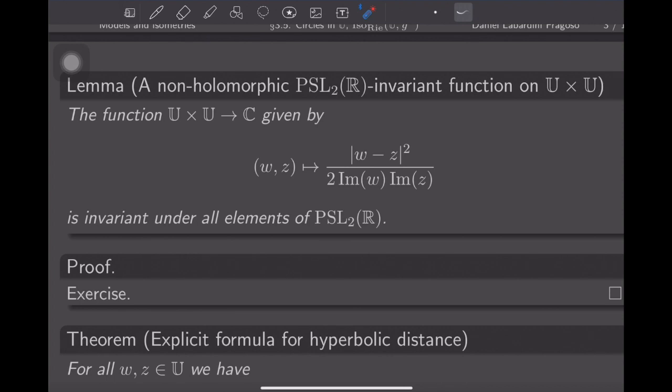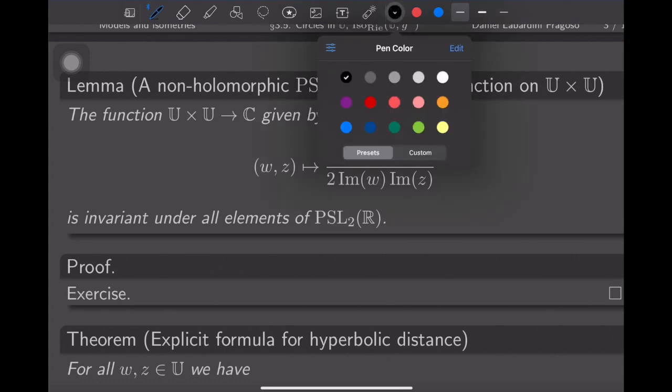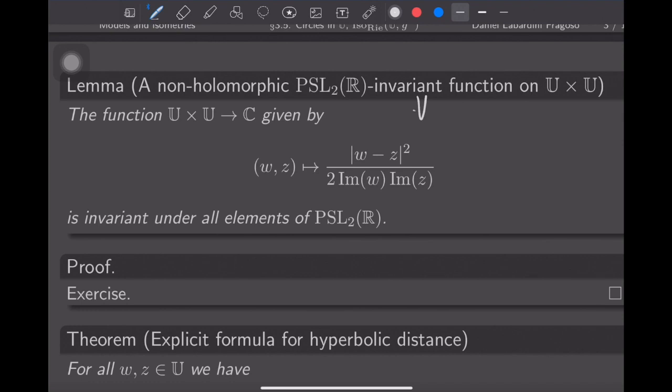What I mean when I say that this function is invariant under PSL2R is that if you take two points, W and Z, and you take this expression, and on the other hand, you take any element nu in PSL2R, and instead of W you write nu of W, and instead of Z you write nu of Z, then the value of this expression is the same.